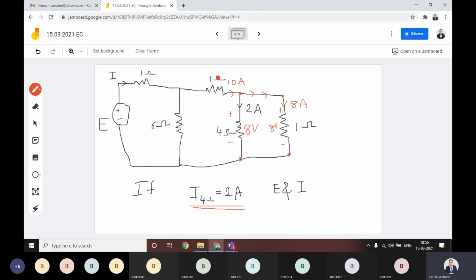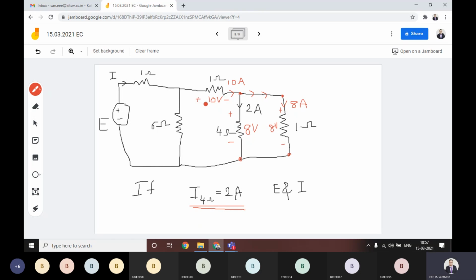In this branch the resistance is 1 ohm and the current is 10 amperes. Then what is the voltage here? That is directly 10 volts. I hope it is clear for everyone.